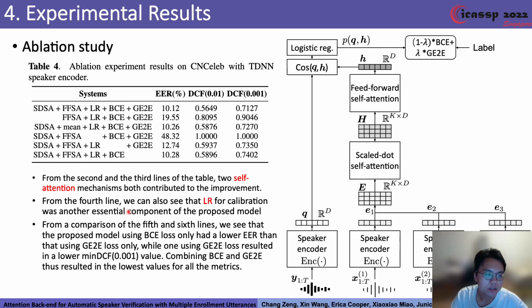From the comparison of the fifth and sixth lines, we see that the proposed model using binary cross-entropy only had lower EER than using generalized end-to-end loss only, while the one using generalized end-to-end loss resulted in a lower mean DCF score. Combining binary cross-entropy and generalized end-to-end loss resulted in the lowest values for all metrics.